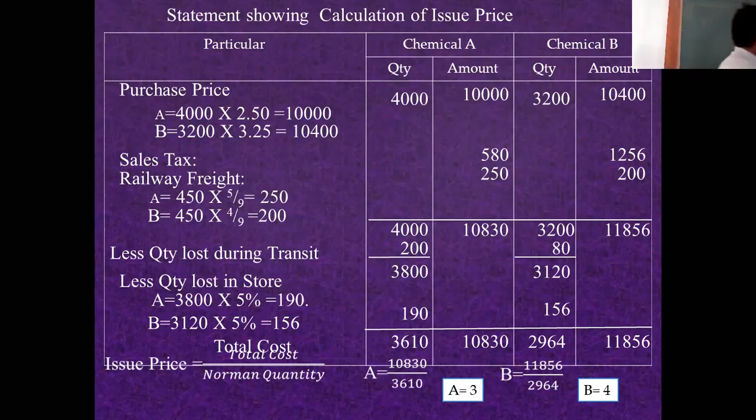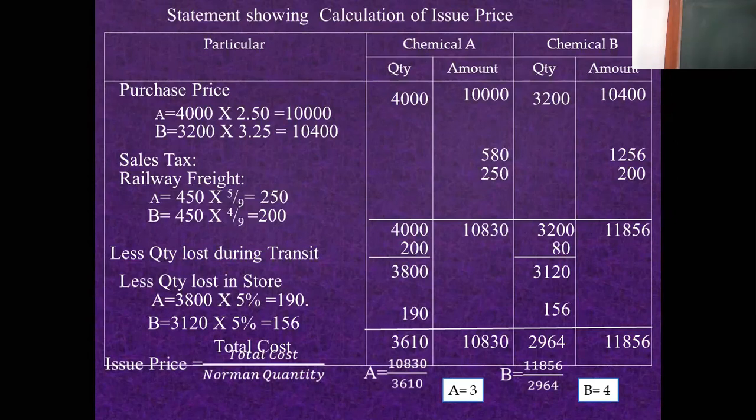You see here. What is the first amount? 10,830. Second is 11,856. This is one method of calculation.